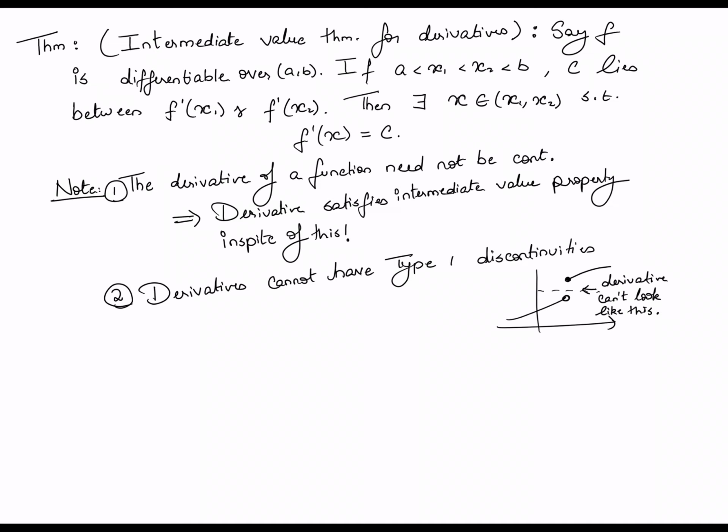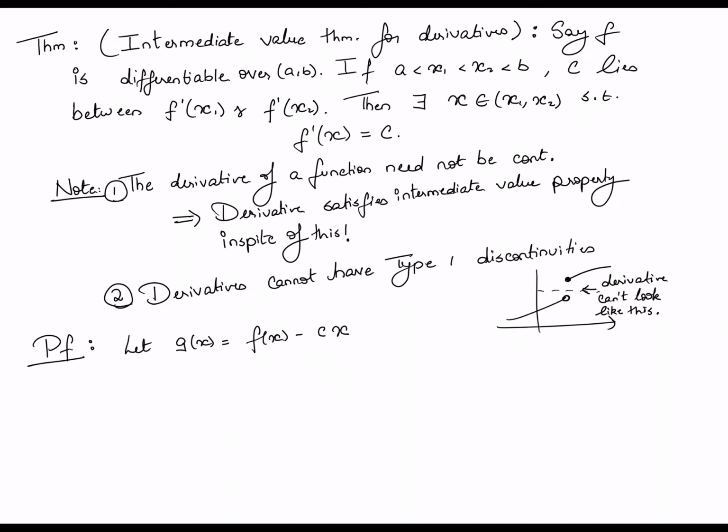The proof is actually remarkably elementary. So let g be the function g of x equals f of x minus c times x, where c, recall, is the intermediate value between f prime of x1 and f prime of x2.